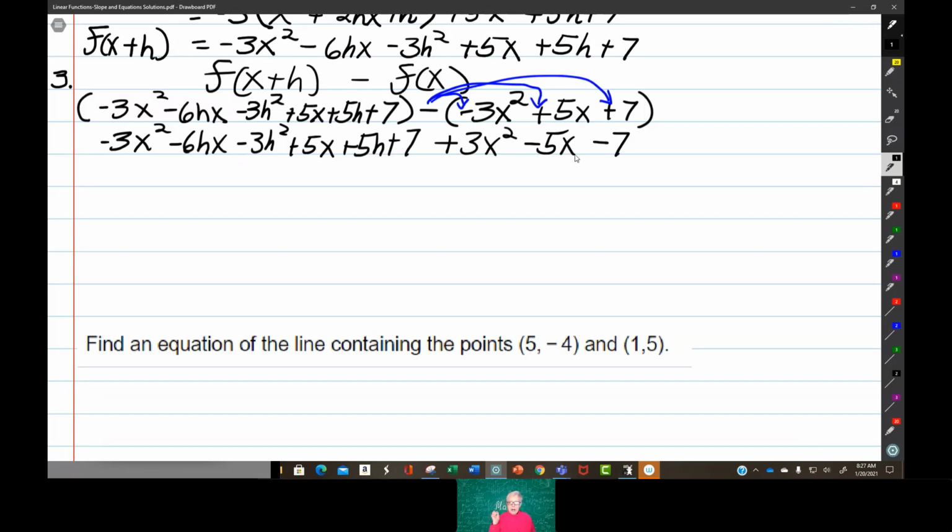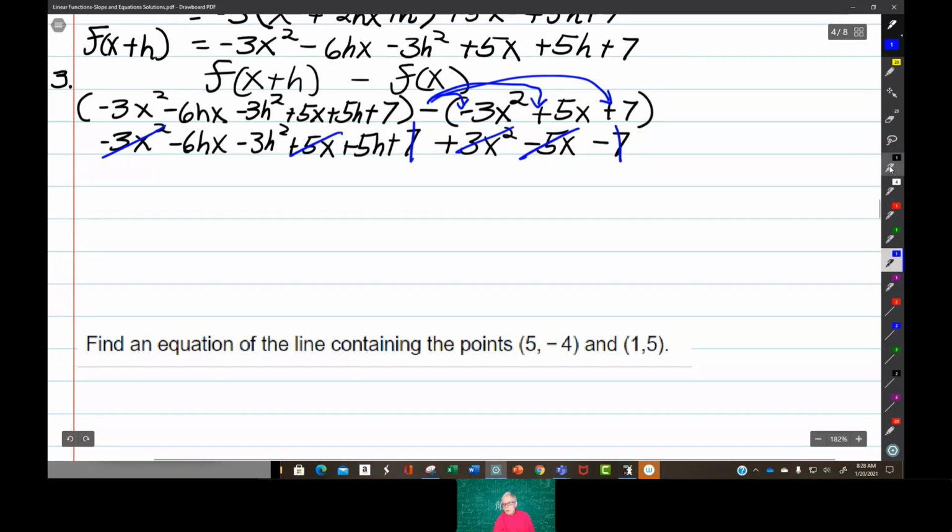Woo! All right, combine like terms. Negative 3x squared plus 3x squared equals 0. 5x minus 5x is 0. 7 minus 7 is 0.